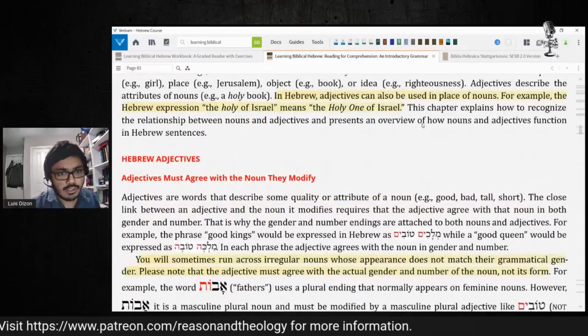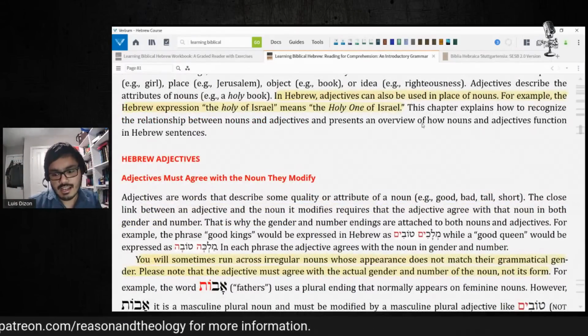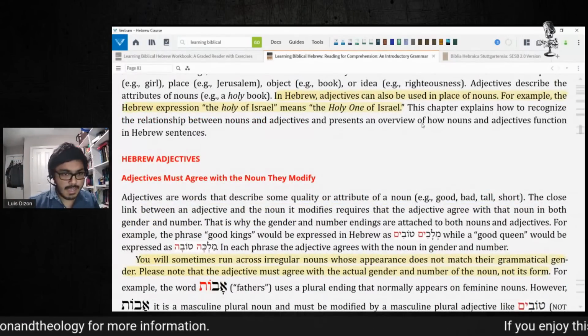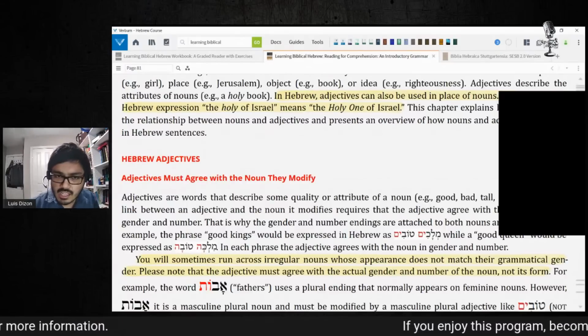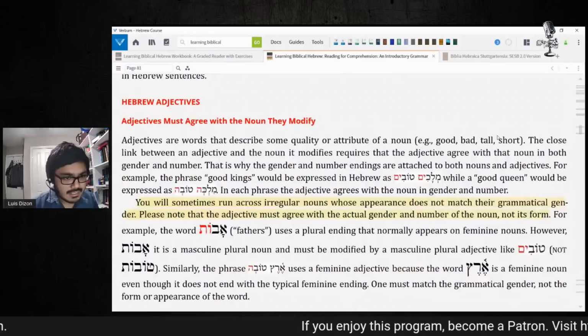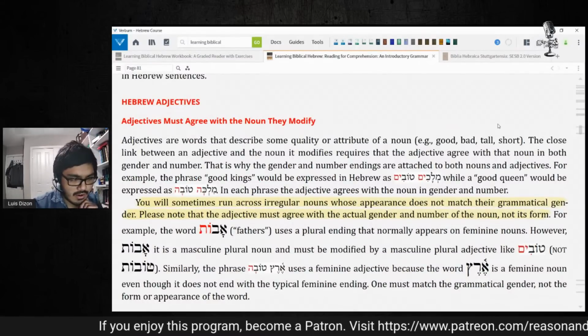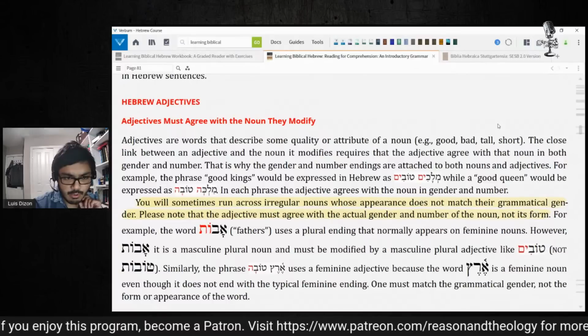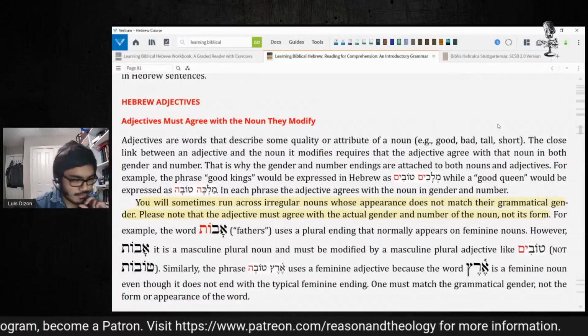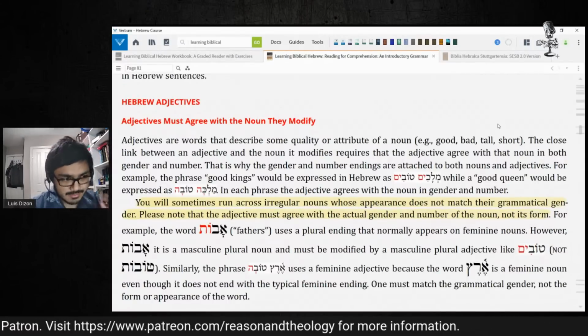So, for example, a good year is a Shana Tova. A good boy is a Ben Tov. Now, there are some irregular nouns that are conjugated like they are one gender, but they're actually another. So, avot.